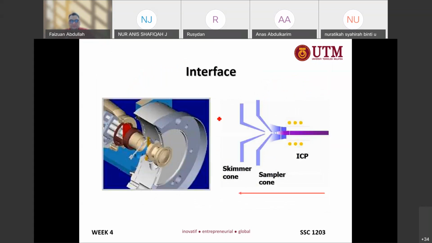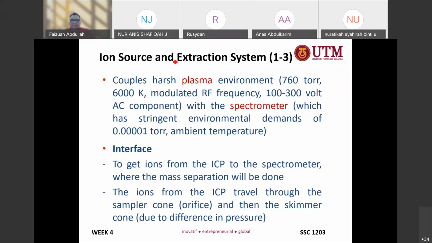This is the interface and extraction system. Of course, we have the plasma at very high temperature. Then we have the interface to bring ions from the ICP to the spectrometer, where the mass separation will be done.